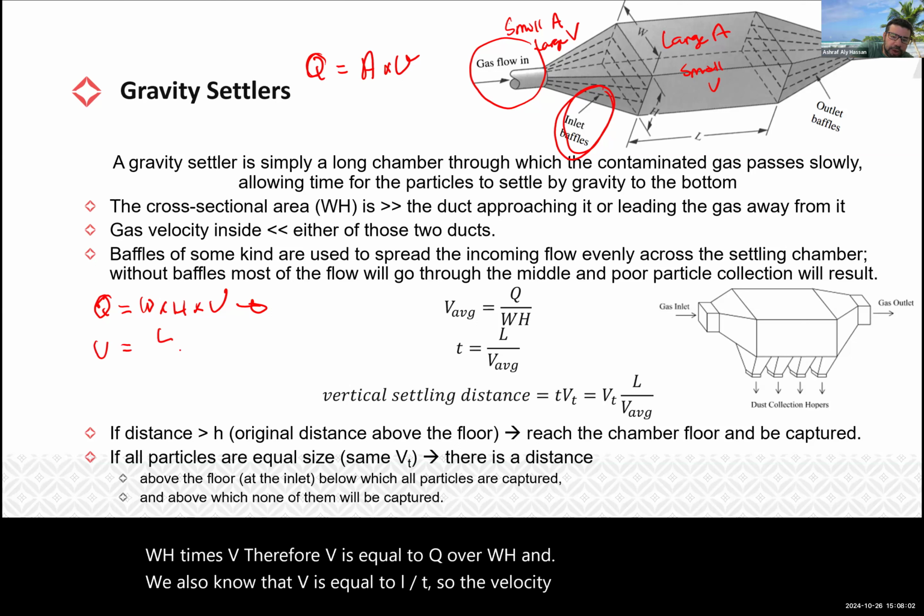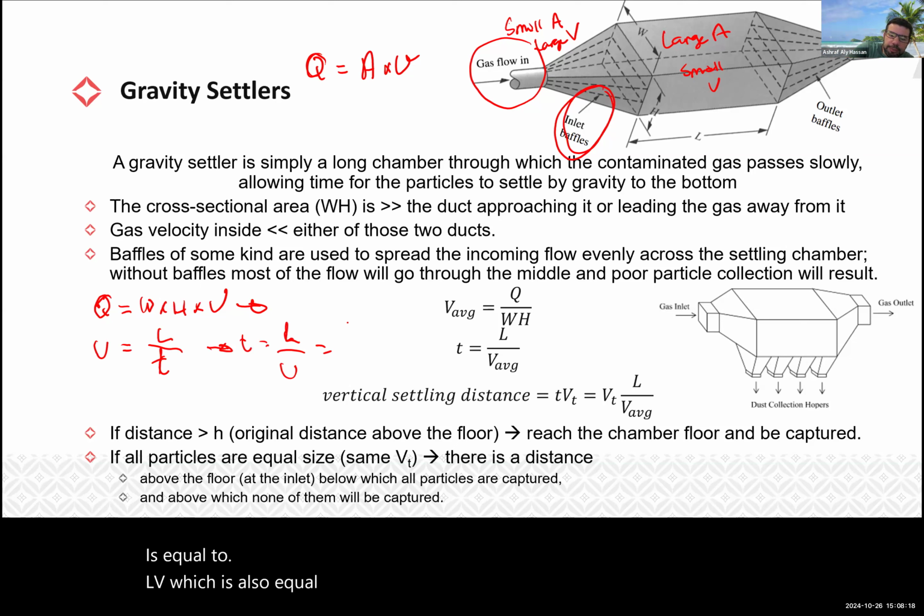So we can also say that T is equal to L over V, which is also equal to L over, and we can take the V from here, WH over Q. So T will be equal to LWH over Q.